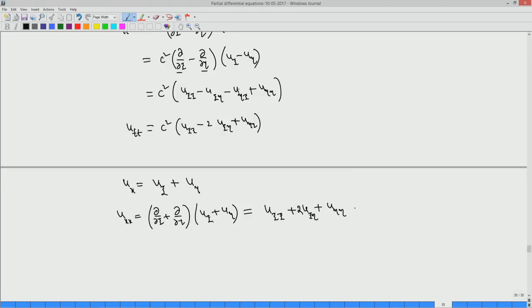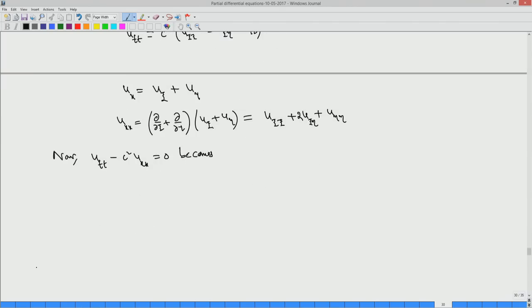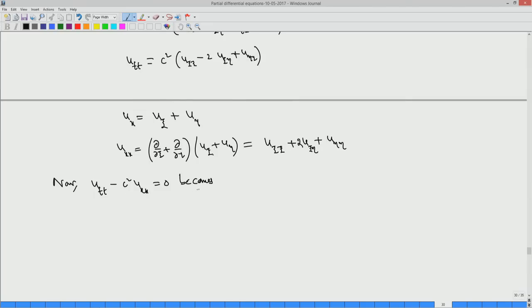And if you combine this, you take u_tt, that is c² into u_ξξ, or rather u_tt minus c² u_xx equal to 0 becomes, the given equation becomes c² times (u_ξξ minus 2u_ξη plus u_ηη) minus c² times (u_ξξ plus 2u_ξη plus u_ηη) equal to 0.